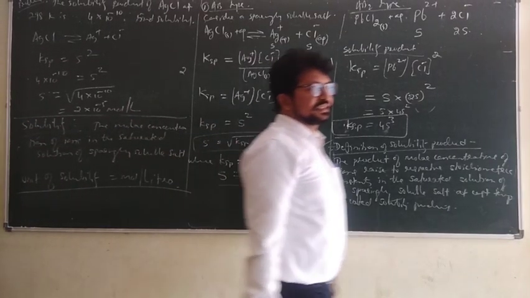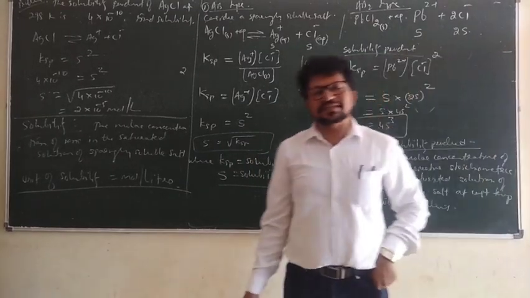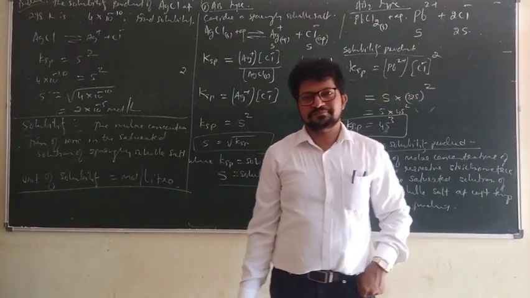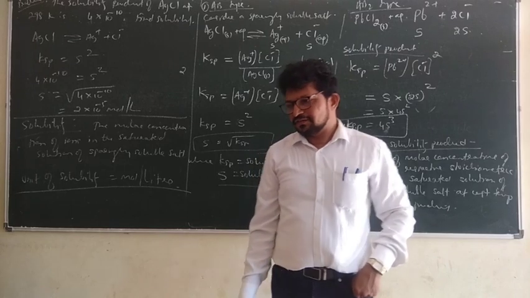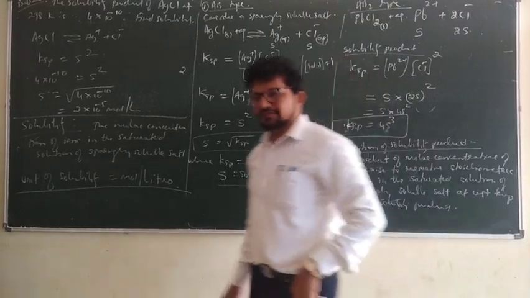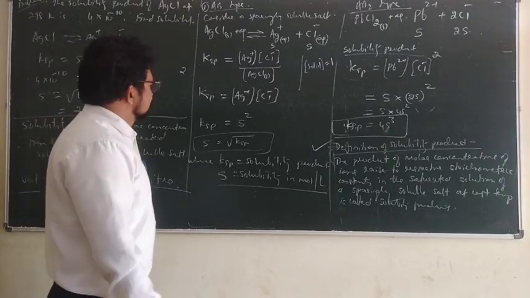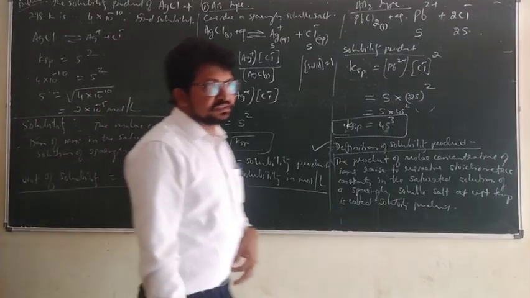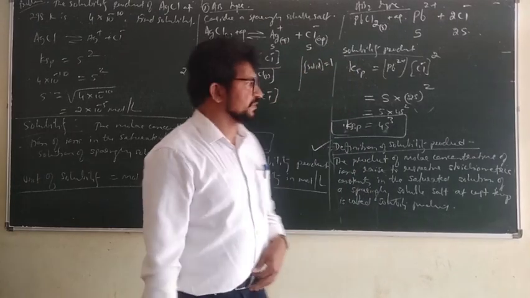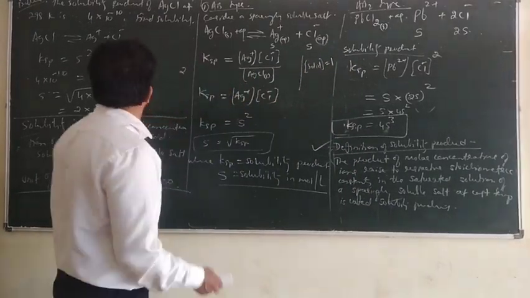This is how to calculate solubility, or if solubility is given, you can find solubility product. Now, one important thing you have to understand. I think these are the things you have to know.